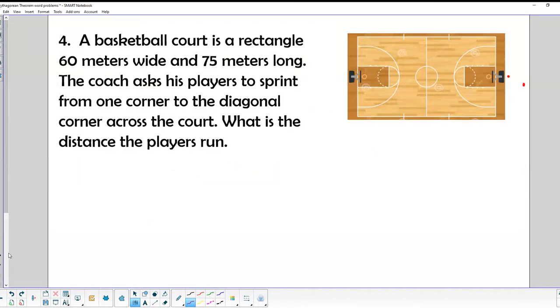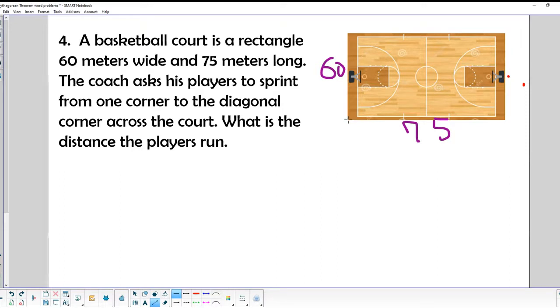Okay? So how about this one? We've got a basketball court that's a rectangle. It's 60 meters wide and 75 meters long. The coach asks the players to sprint from one corner of the diagonal to the other one. What is the distance the players run?